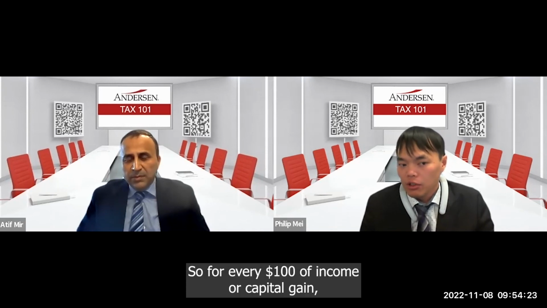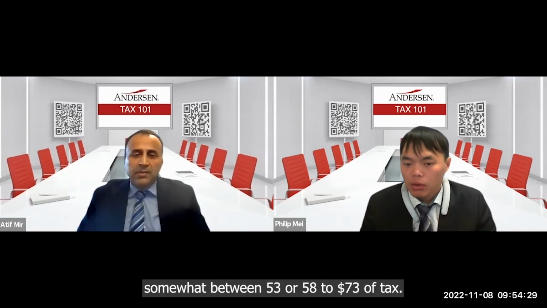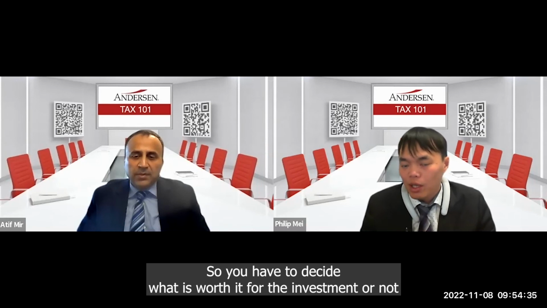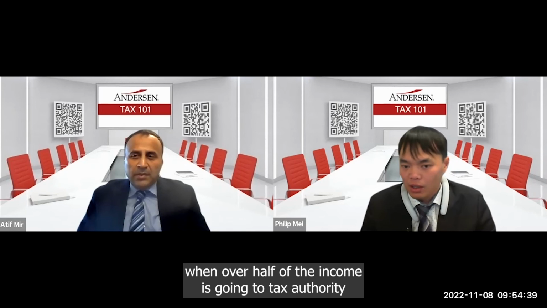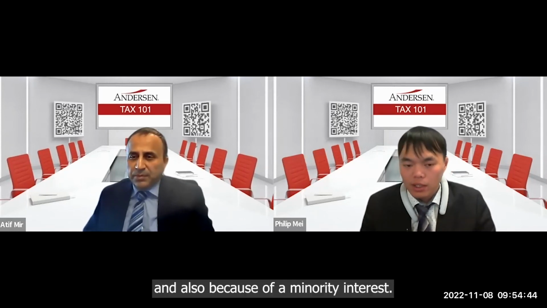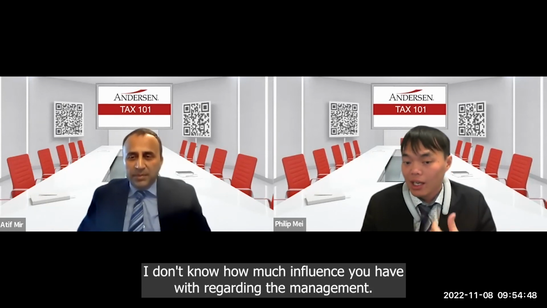So for every $100 of income or capital gain, you are expected to pay somewhere between $53 or $58 to $73 of tax. So you have to decide whether it's worth it for the investment or not when over half of the income is going to the tax authority. Right. And also because of a minority interest, I don't know how much influence you have regarding the management.